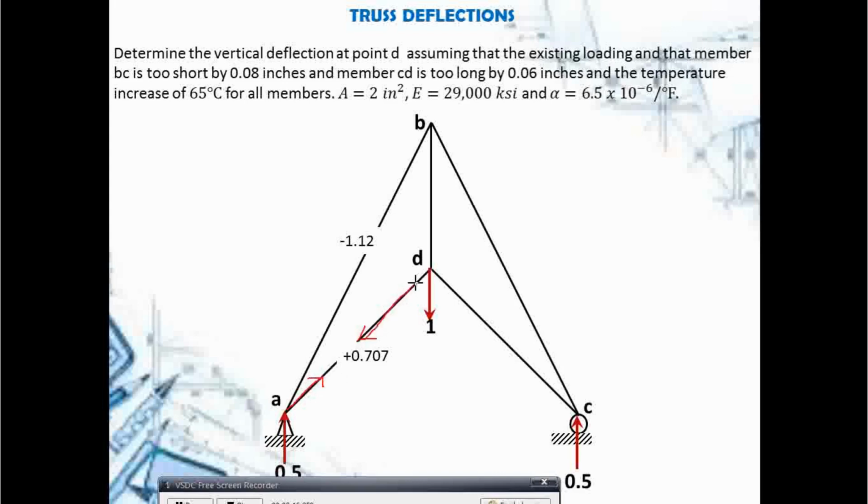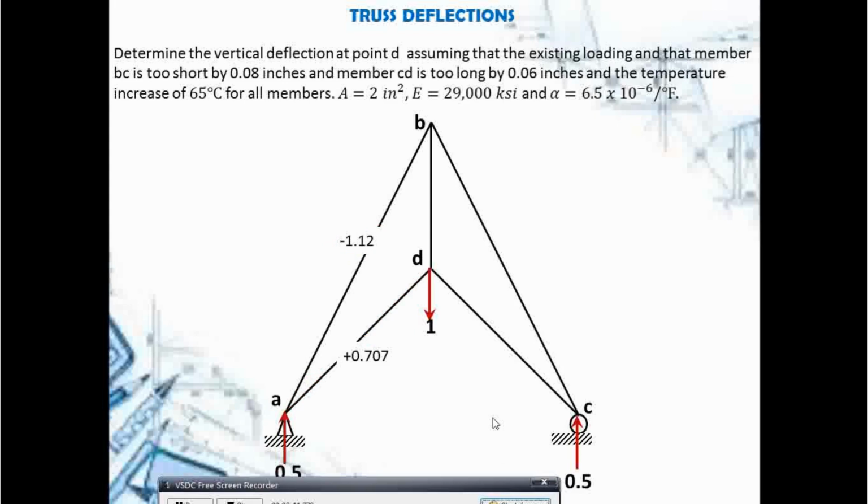And sabi natin in the previous slides, kapag compression, negative. Kapag tension, positive. Since ang lumabas dun sa calculation ko, tension CAD, kaya nilagay ko yung positive doon. Same with AB, using the method of joints, I have solved na si AB ay equal to 1.12. Under siya ng compression, kaya negative.